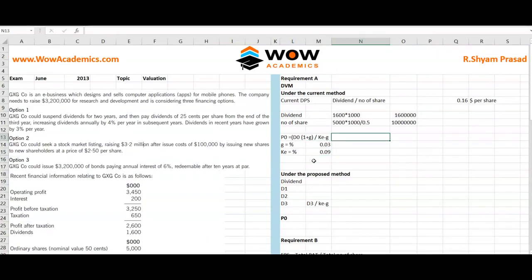Our formula is like this. D0, which is the dividend per share, we'll have that: 0.16 into (1 plus G), divided by KE 0.09 minus G. Close the bracket, get the answer.